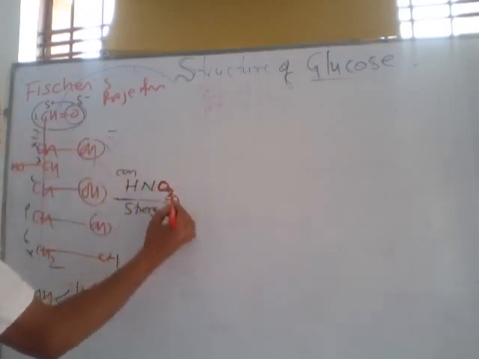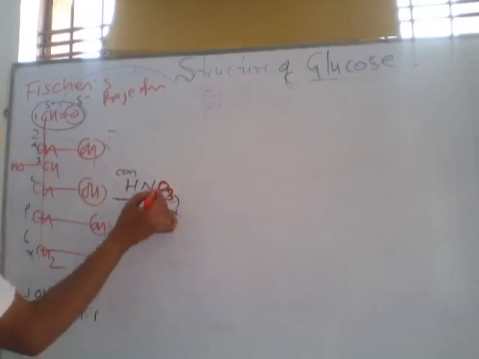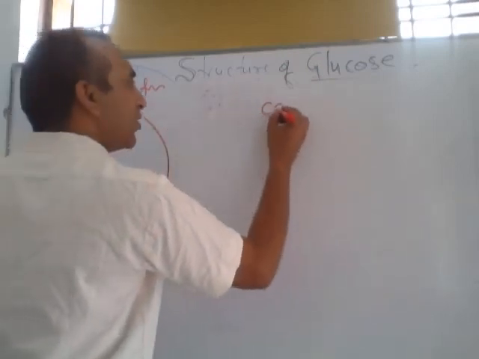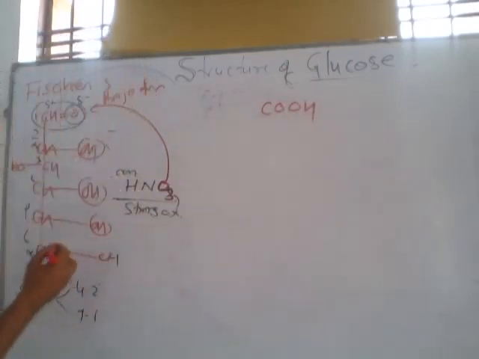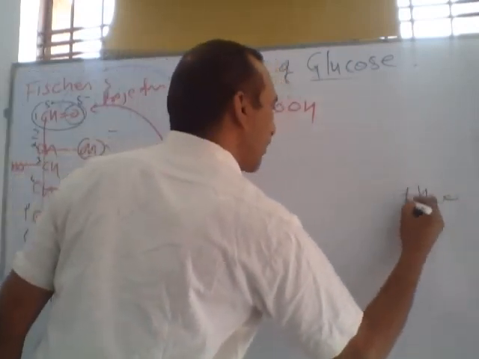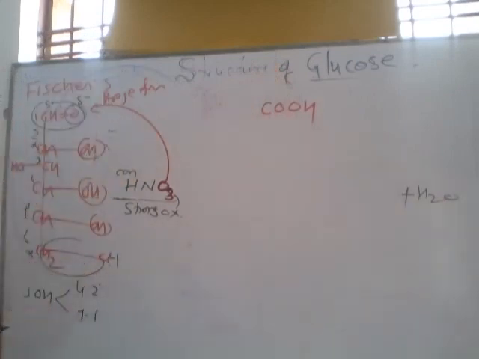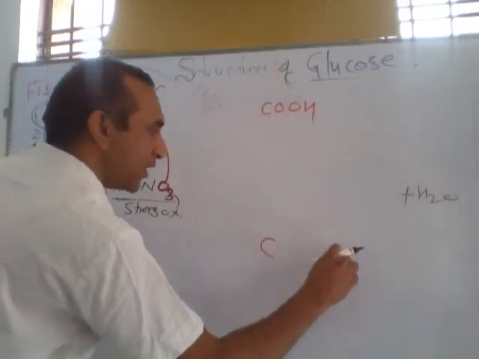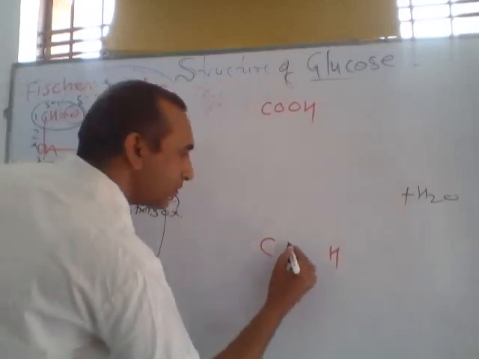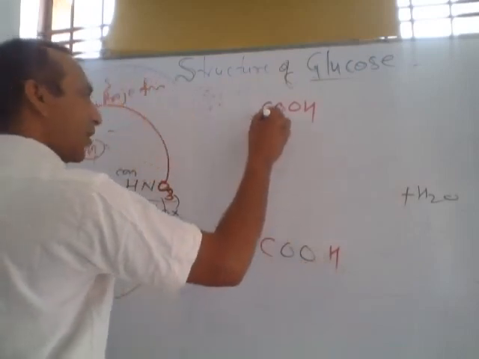Here O3. O3 means in nitric acid there are three options. One option you use here. So the aldehyde converts into a COOH group, and the last sixth carbon, remove a water molecule from here, and instead of these two, at the last carbon there is COOH.